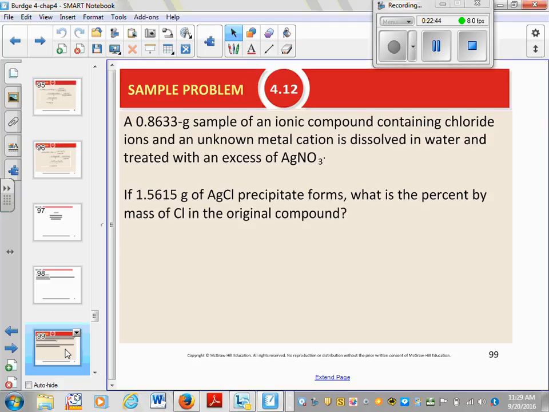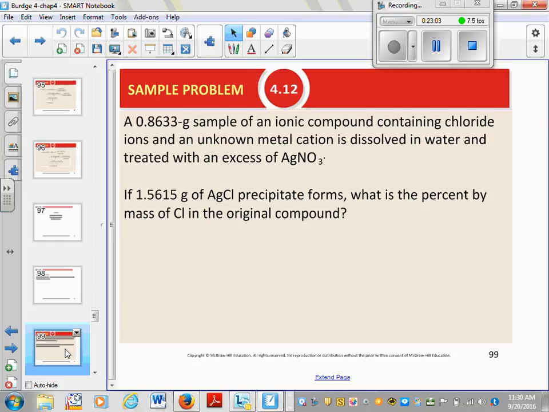So now I figure out for X, and I get X to be 0.3862. I do the plug and chug. It's 0.3862 grams. So you said 0.3862? Okay, so now I've got the chlorine.